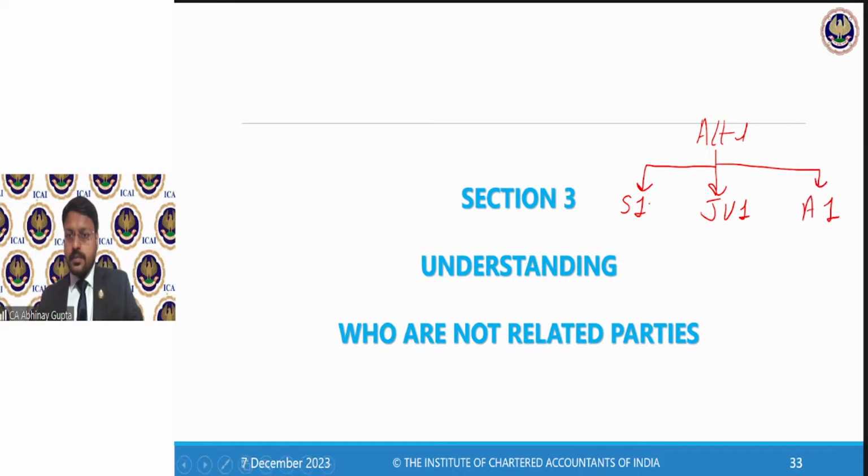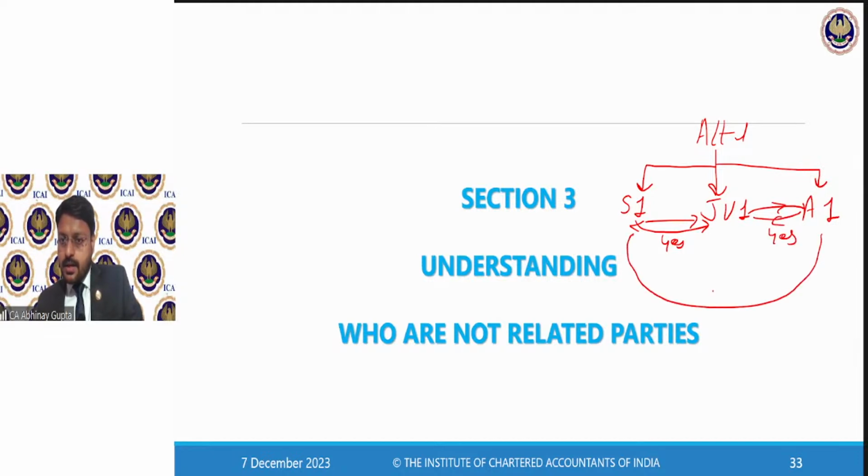Now, subsidiaries and JVs are related to each other, yes or no? Yes, so both ways are related. JVs and associates are related to each other both ways. Associates and subsidiaries are related to each other both ways. And of course, all the parties are related to the holding company both ways, to and fro.